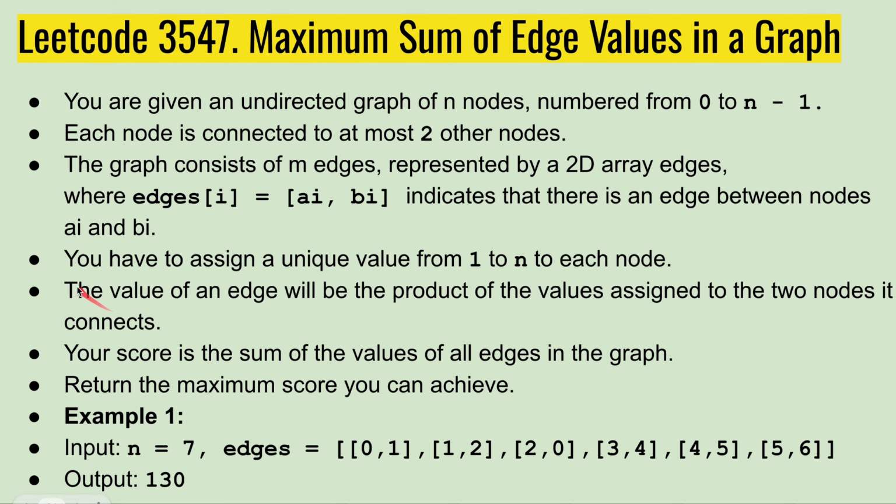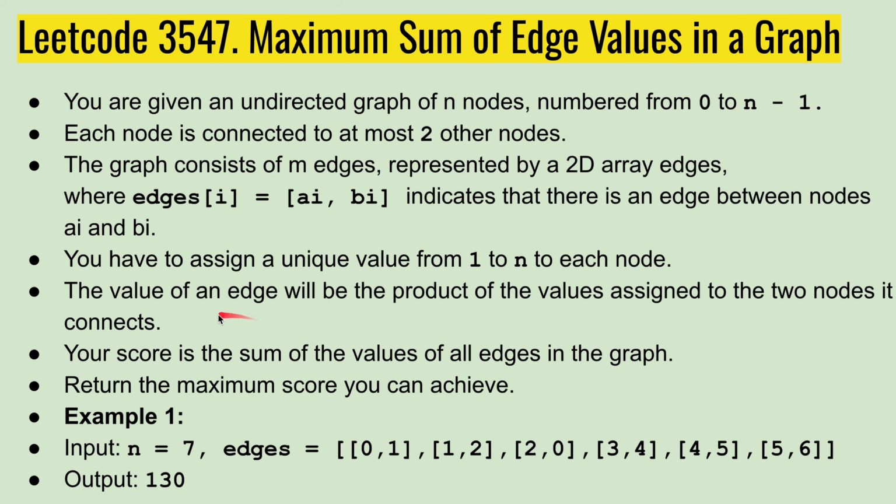What we have to do is assign a unique value from 1 to n to each node. How many nodes are given? We have been given n nodes, from 0 to n minus 1, and each node connects to at most two other nodes, right? So the graph consists of some edges, but we have to assign a unique value from 1 to n to each node.